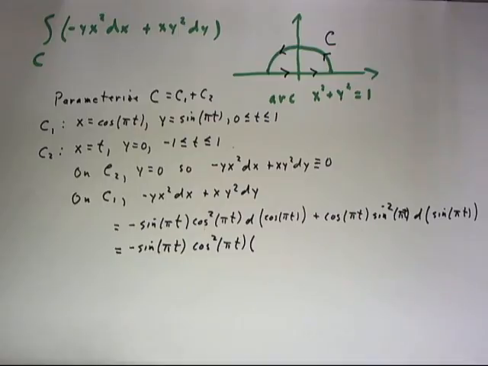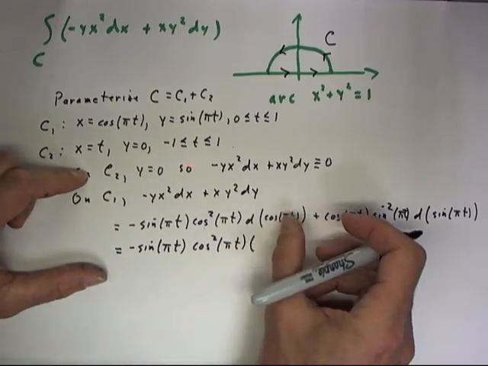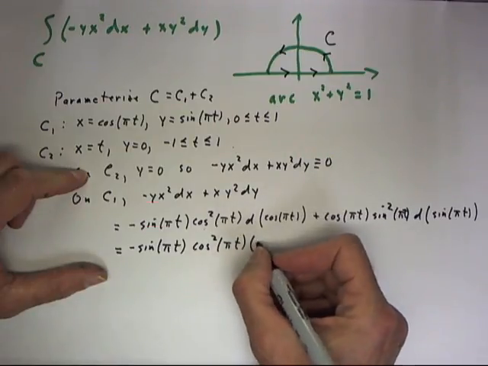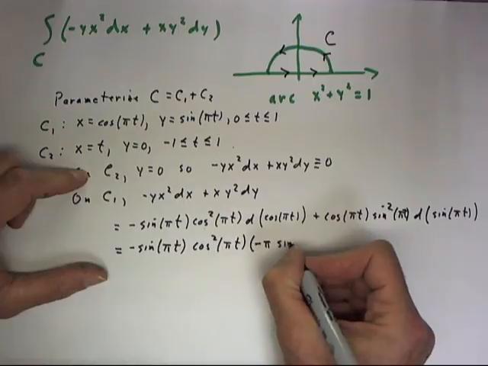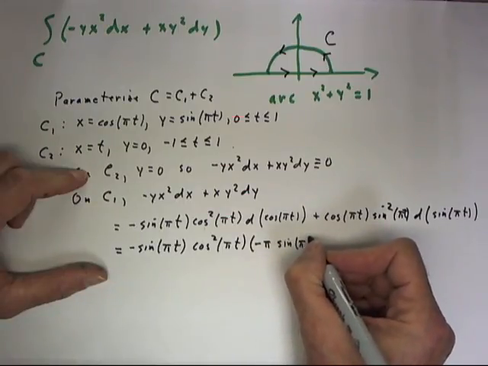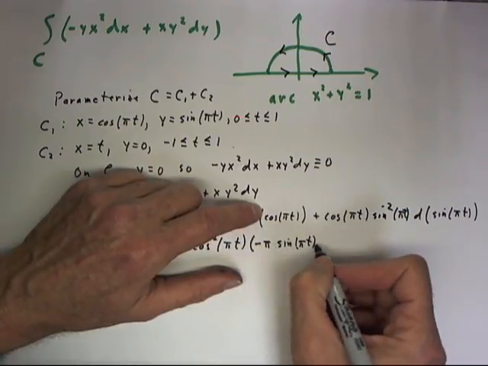Now we've got to be a little bit careful taking our derivatives. The differential of cosine of pi t is what? Well, it's going to be, by the chain rule, negative pi times the sine of pi t. Now that would be the derivative with respect to t of the cosine of pi t.